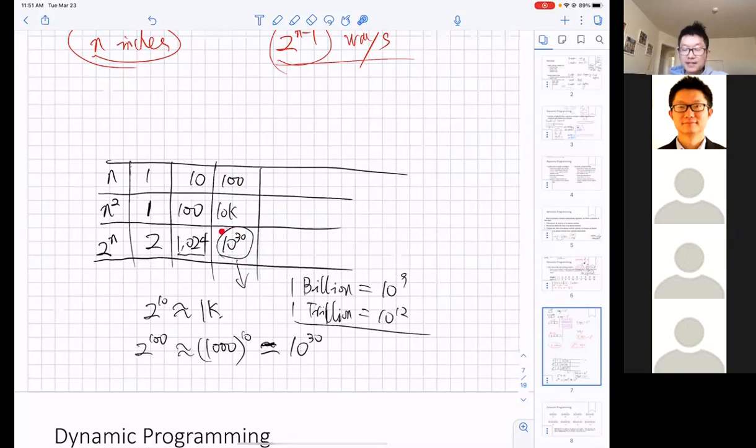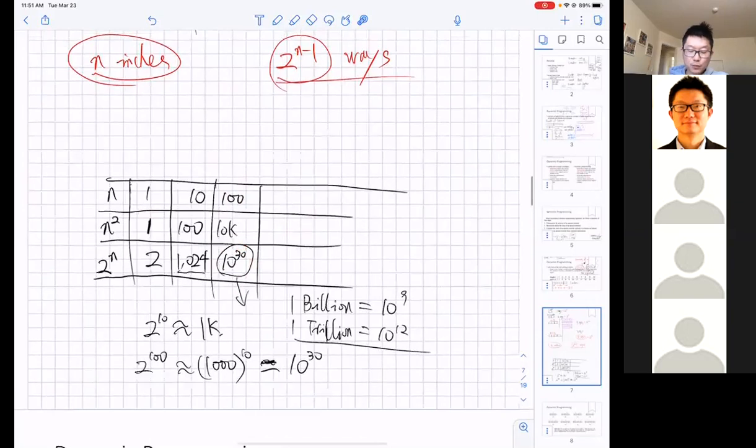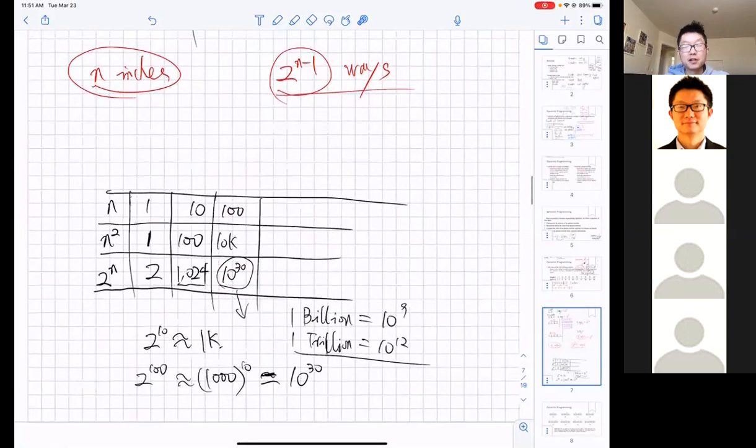So what does 10 to the power of 30 mean? It means that we have to execute at least this amount of instructions on our computer in order to solve the problem. So what is the speed of your CPU?